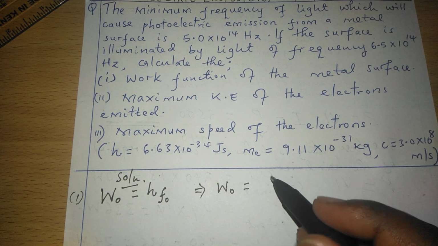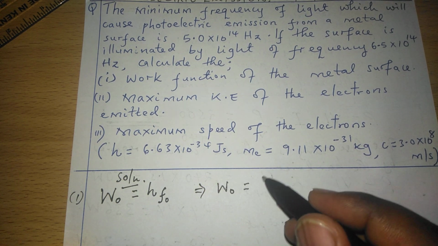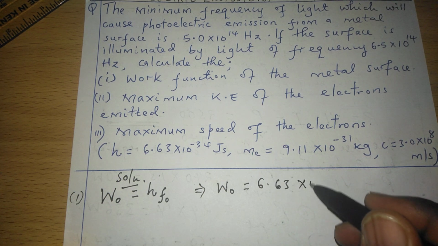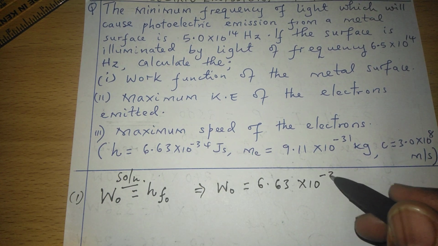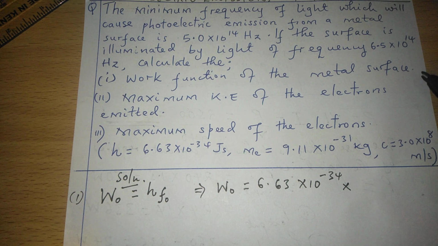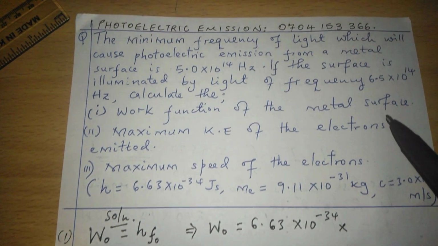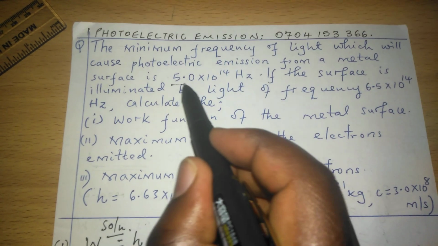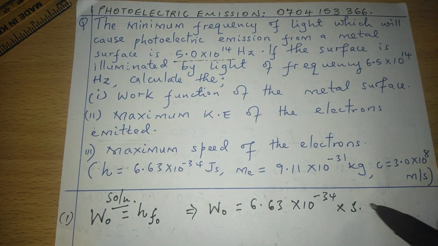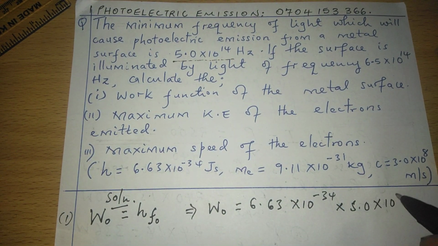So the work function is going to be gotten by Planck's constant, which is 6.63 times 10 to the power of negative 34, multiplied by the threshold frequency, which is 5.0 times 10 to the power of 14.